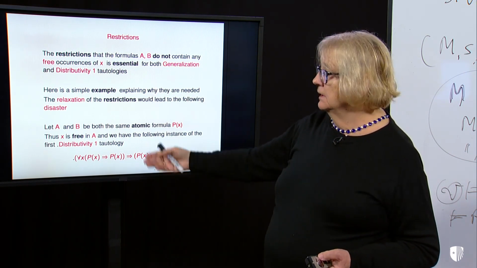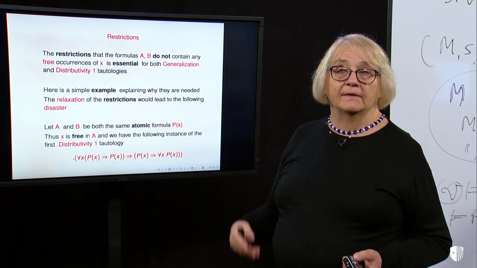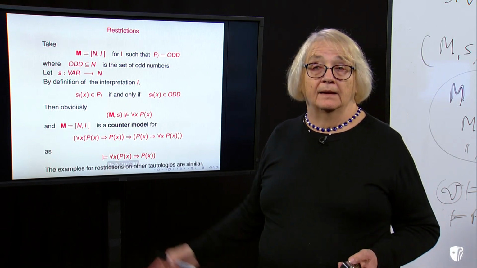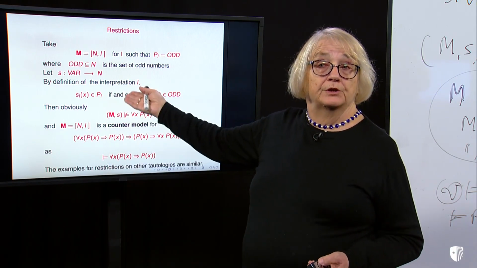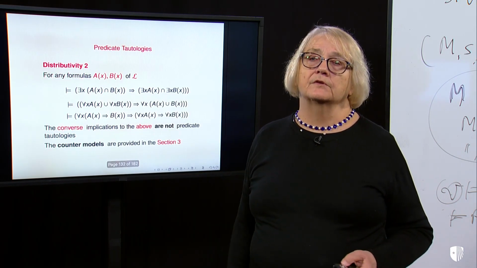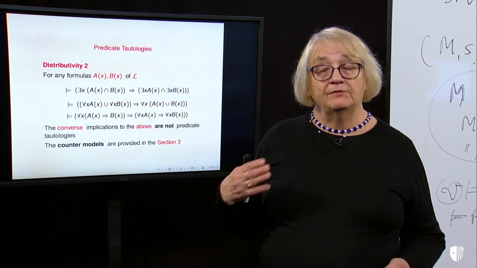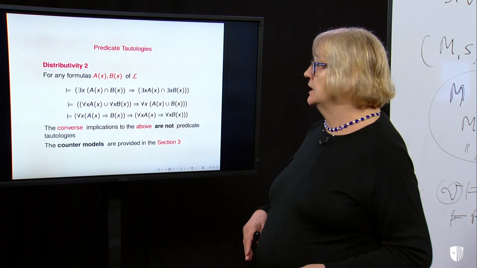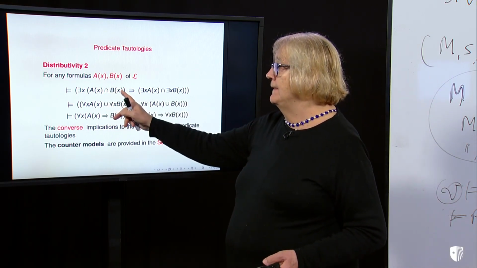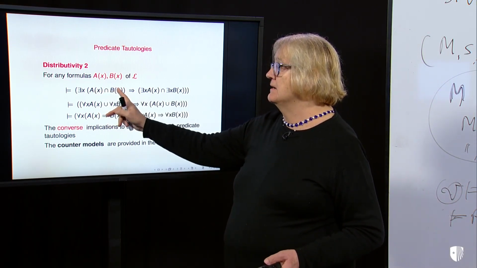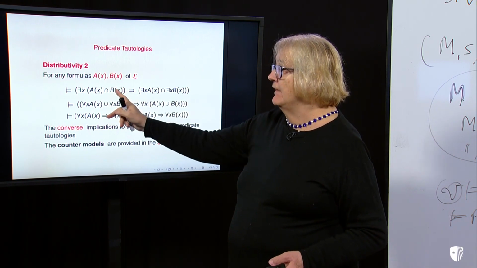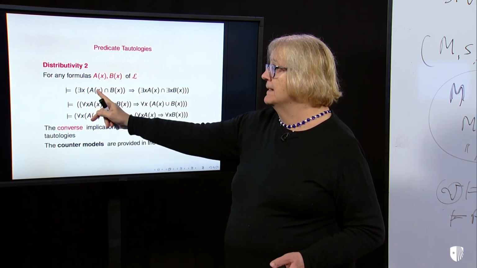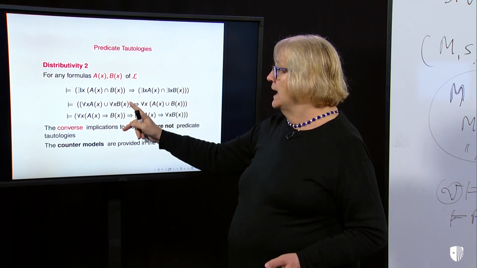And then I give you an example of why they are important. If you don't put the restriction, the law is not true, and you have a counterexample. And now you have different distributivity laws, for when you don't have the restriction. A and B have the variable x, so this x binds here.